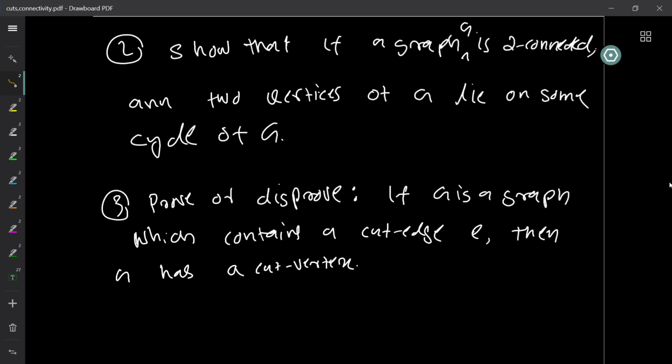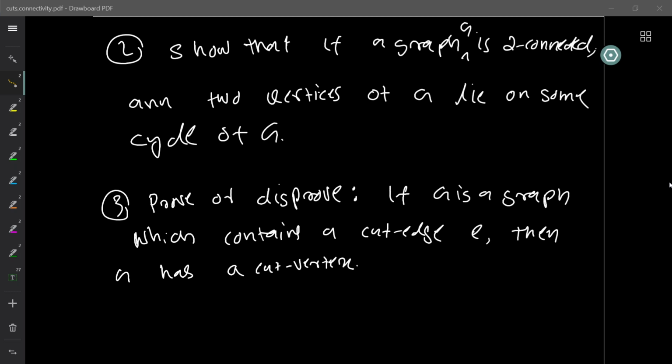Then the third question is to prove or disprove the following statement. If G is a graph which contains a cut edge, let's say e, then show that the graph G contains a cut vertex.